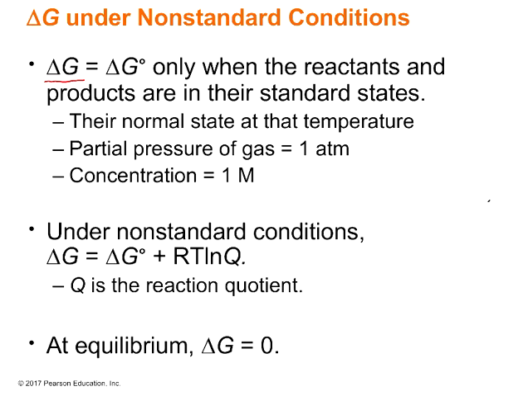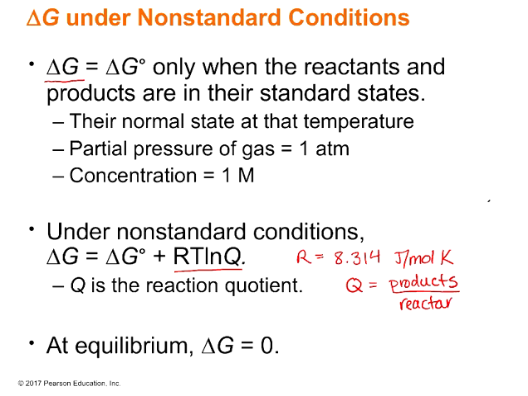Now under non-standard conditions, delta G will equal delta G at standard conditions plus RT times the natural log of Q. So R here is equal to 8.314 joules per mole Kelvin. And then temperature is whatever our new temperature is. And then remember that Q is equal to products over reactants.